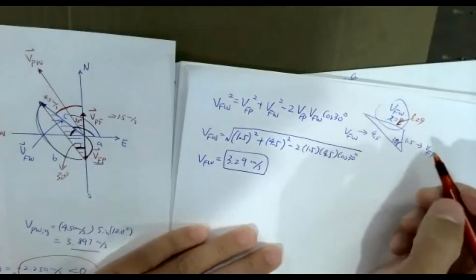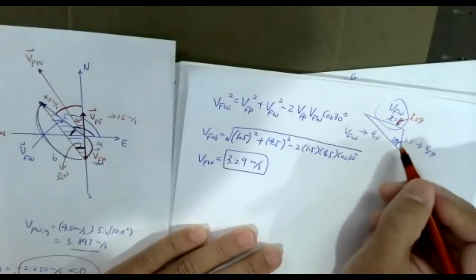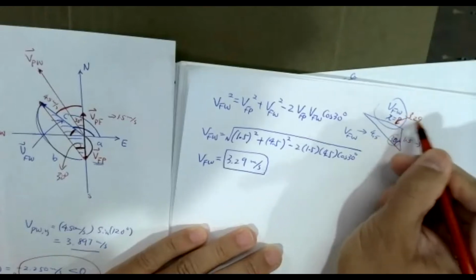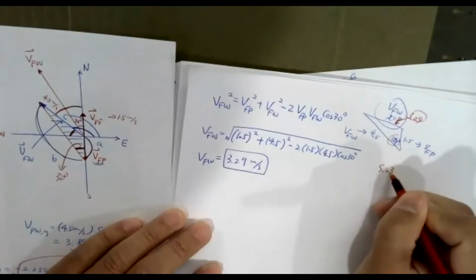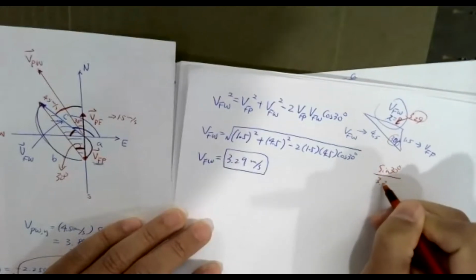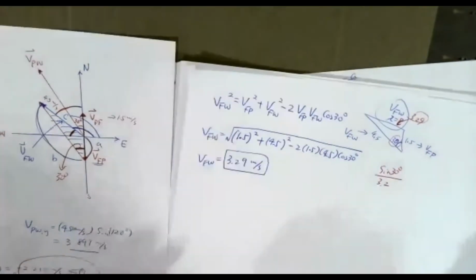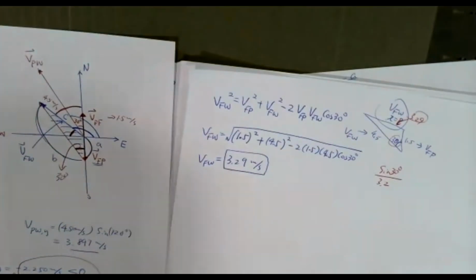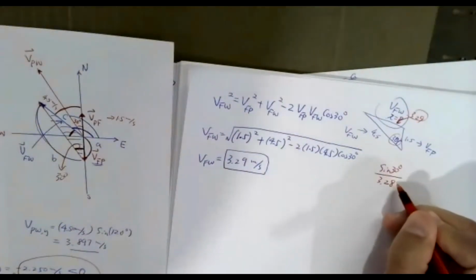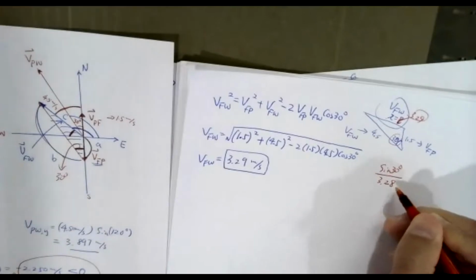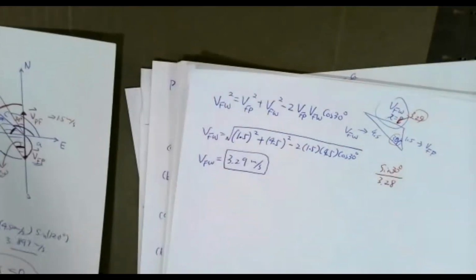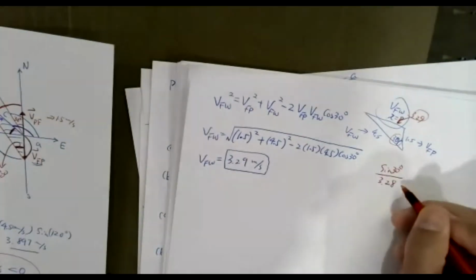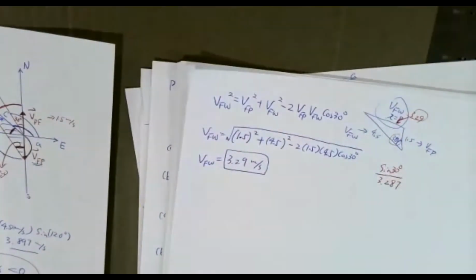So then I can set it up as sine of this over this, okay? I'm going to set it up as sine of 30 degrees over 3.29. Actually, if I look on my calculator to keep an extra digit, it was 0.287 originally. Okay, just to keep one extra digit.